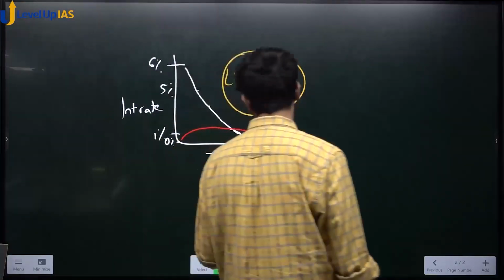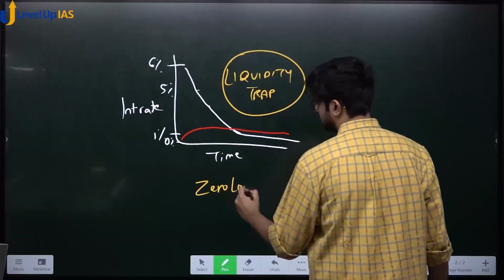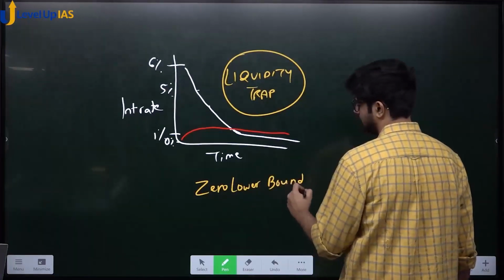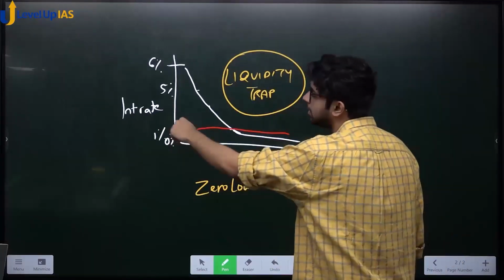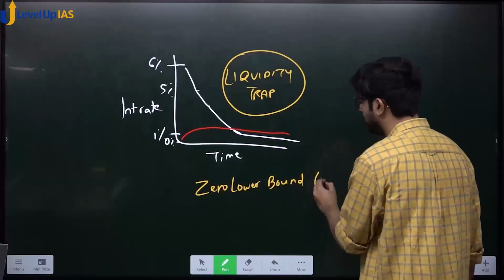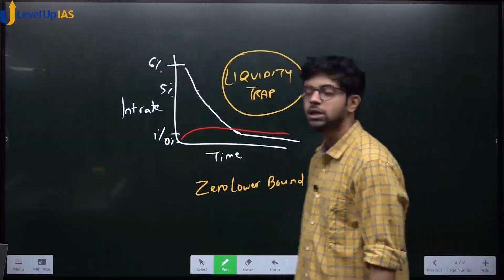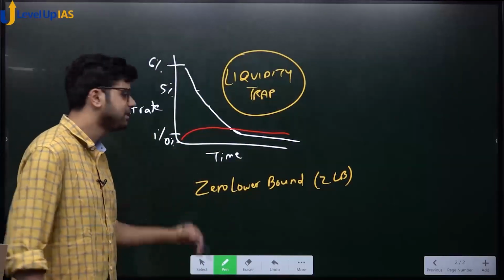That is why this situation is also called zero lower bound, because you are bound towards the lower end of the rate system near zero. So liquidity trap is also called zero lower bound.